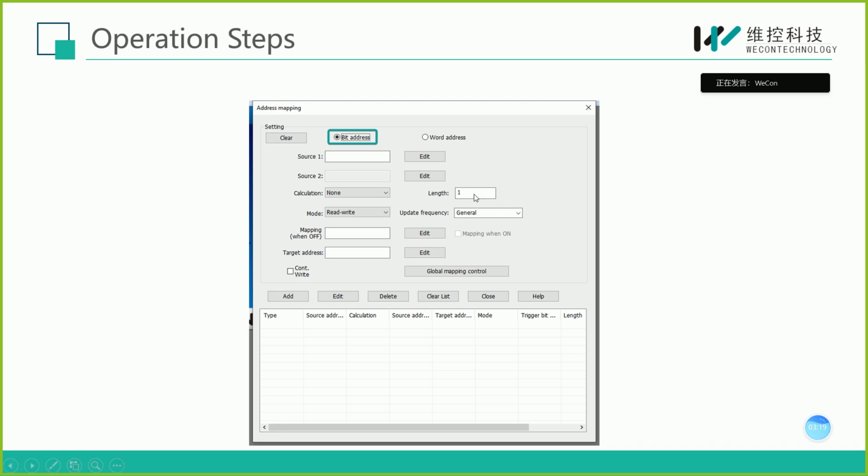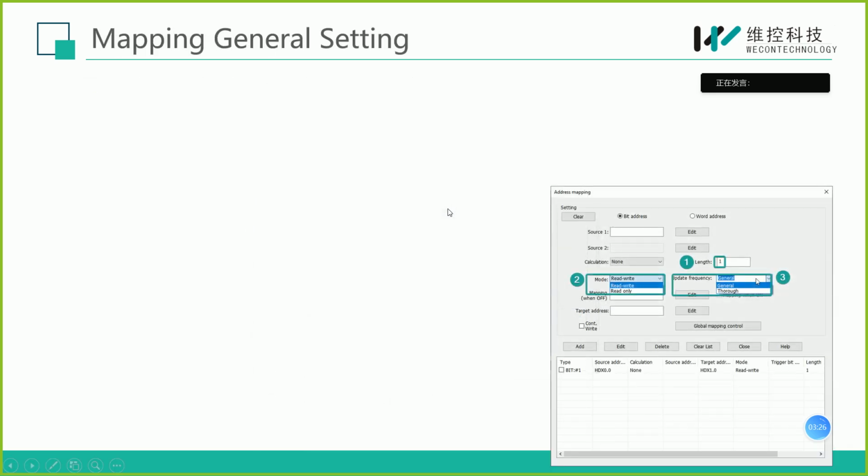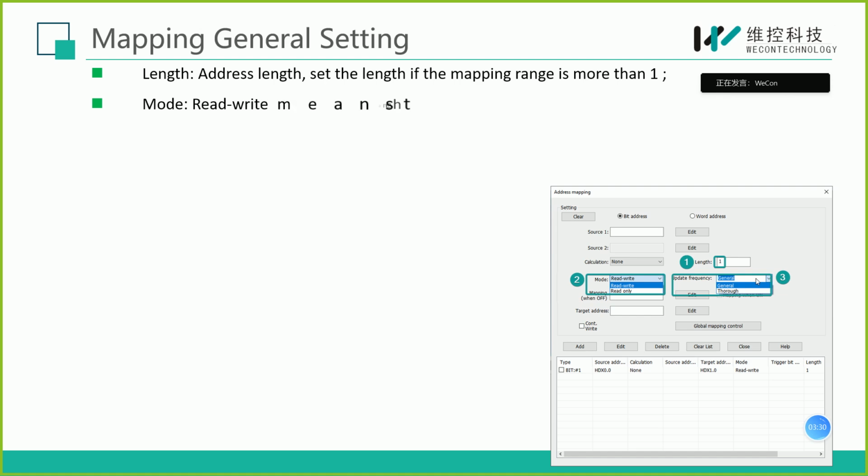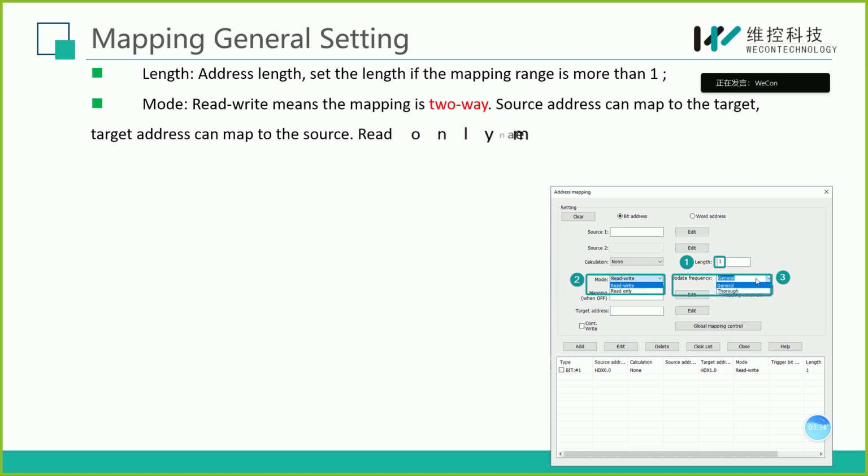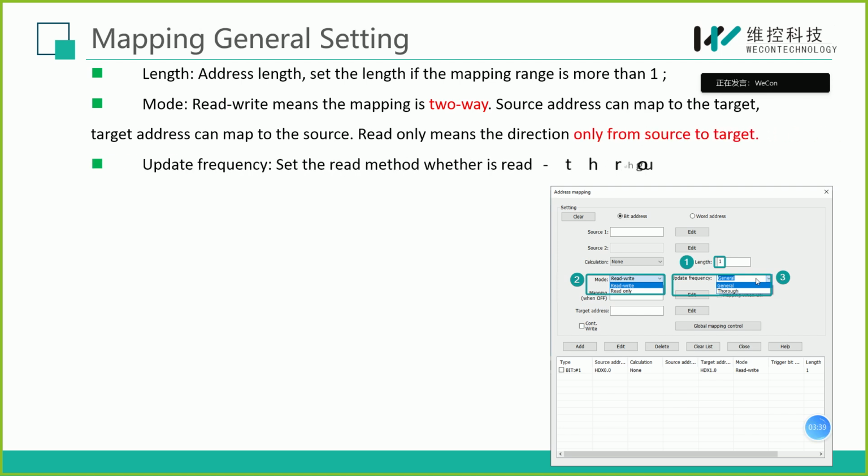And the next is the length. It's address length. We can set the length if the mapping range is more than one. And the mode, there are two modes we can select, read and write, and read only.